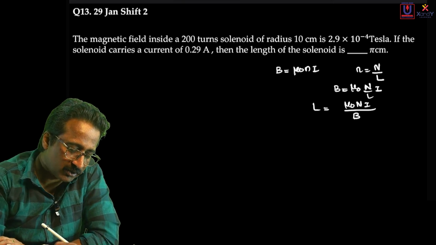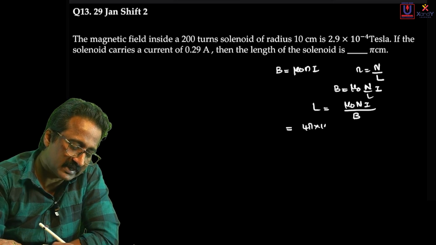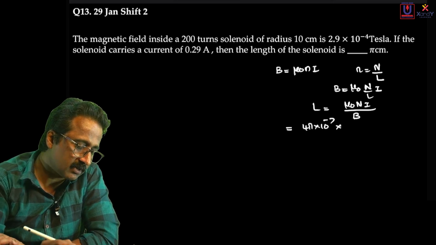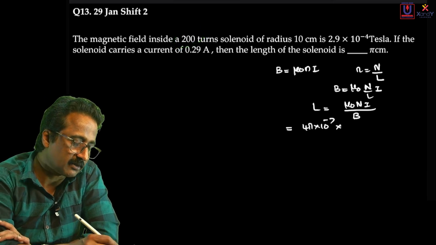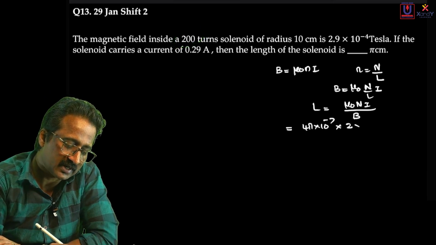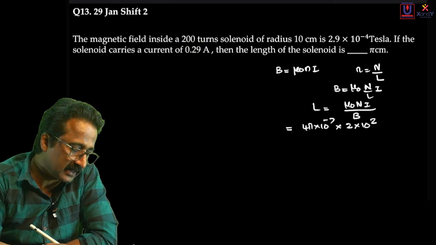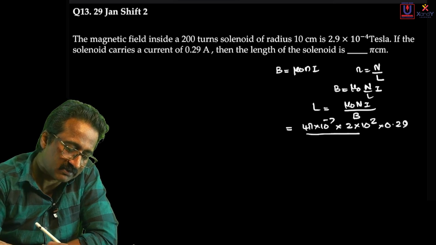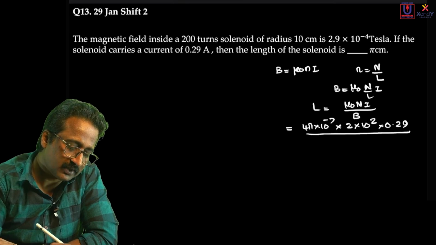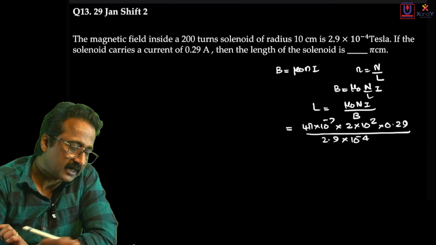Now let me start putting values. L is equal to mu 0, which is 4 pi into 10 raised to minus 7, into the number of turns in this solenoid, which is 200 turns. That's the total number of turns in this case. Let me write it as 2 into 10 raised to 2, into I, which is 0.29 amperes, divided by the magnetic field, which is 2.9 into 10 raised to minus 4.